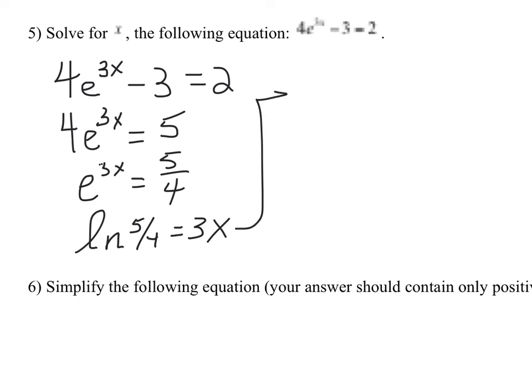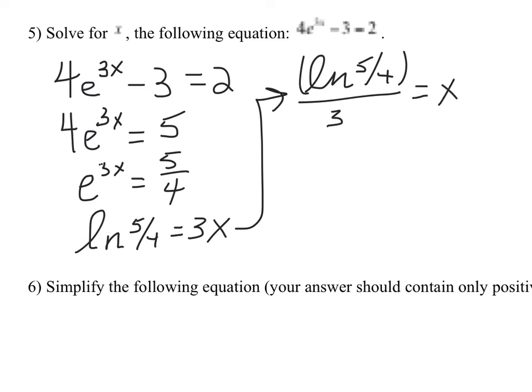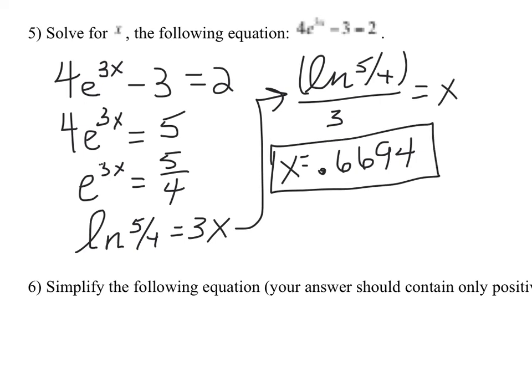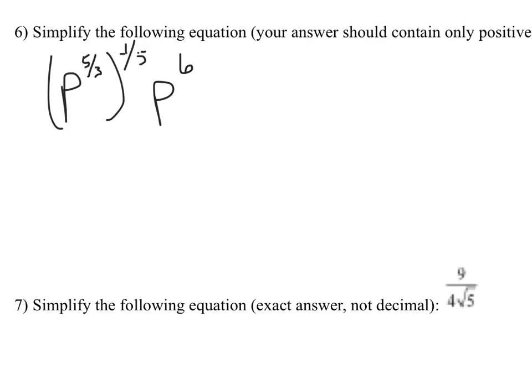So I'm going to divide both sides by 3, and I have ln of 5/4, all of that divided by 3 equals x. And when I put that in my calculator, I get 0.6694. So x equals 0.6694.